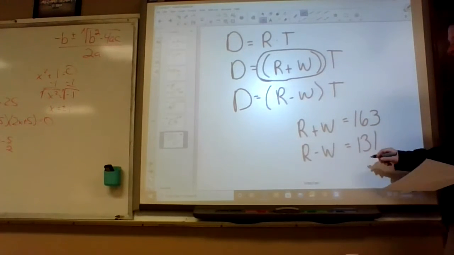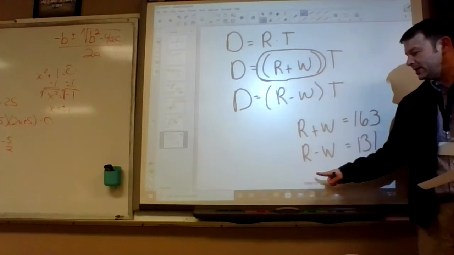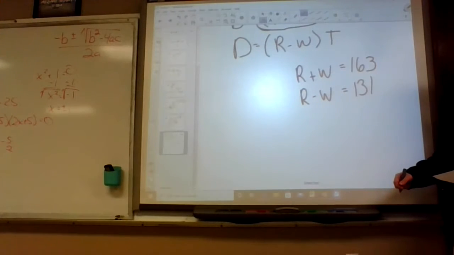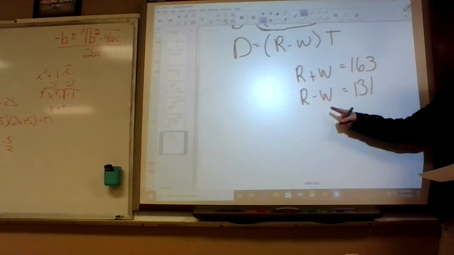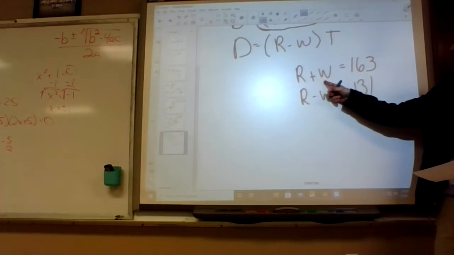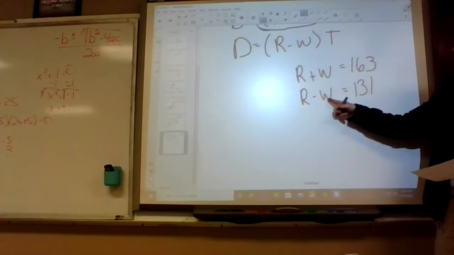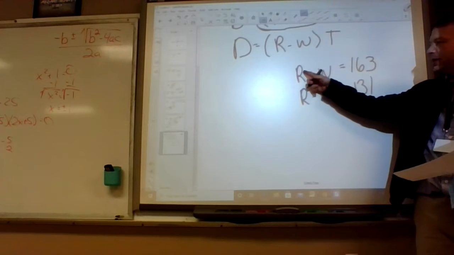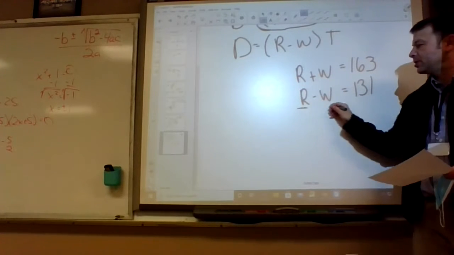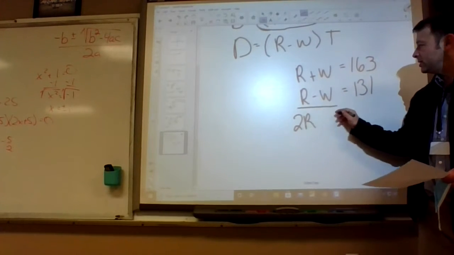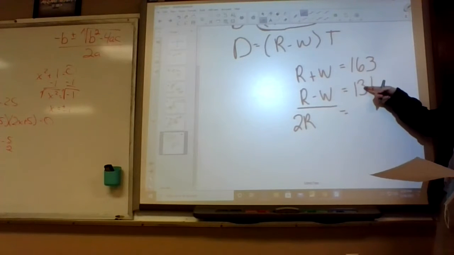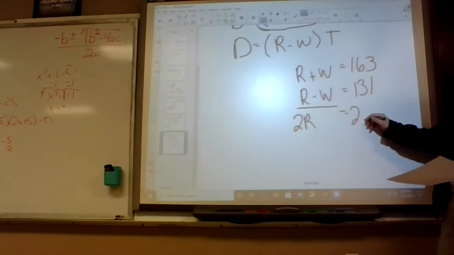So this one's actually easier than what we did the other day. How do I solve that? I'm going to add them together. If you add the two lines together, what's going to happen to the W's? They're going to go away, so we get 2R equals 294, right?